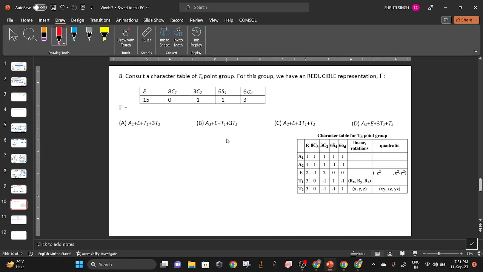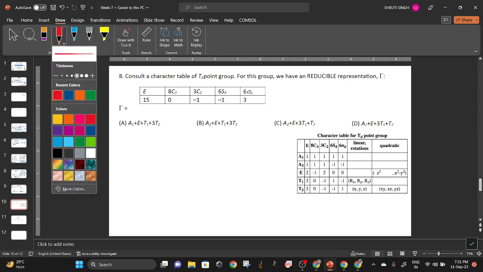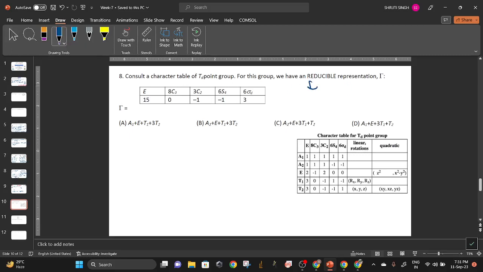So we need to break this tau into a linear combination of irreducible representations. This is a favorite question of CSIR and GATE exams; it comes so much in those exams. So what we need to do is break it in terms of irreducible representations. Now here I have attached the character table.